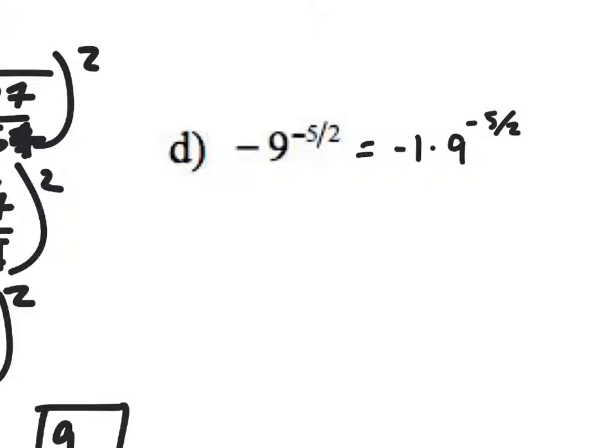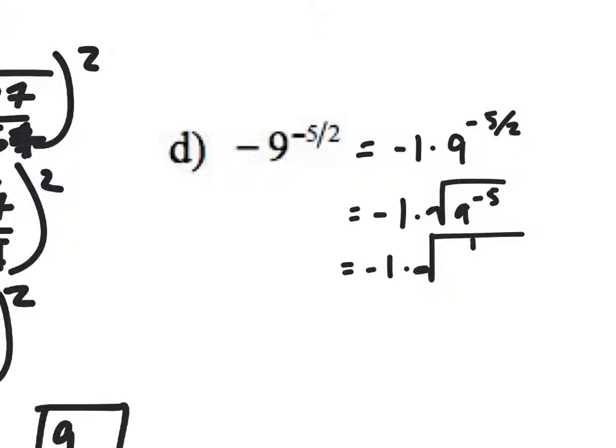So let's write this now as negative 1 times the square root of 9 to the negative 5th power. Then this is going to give me negative 1 times the square root of 1 over 9 to the 5th power.